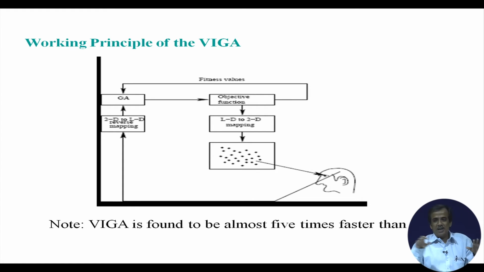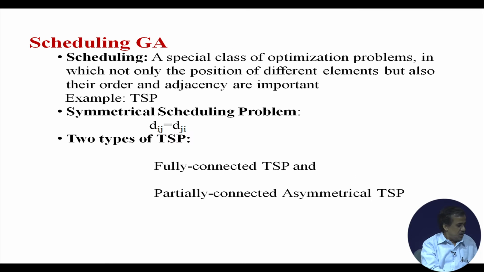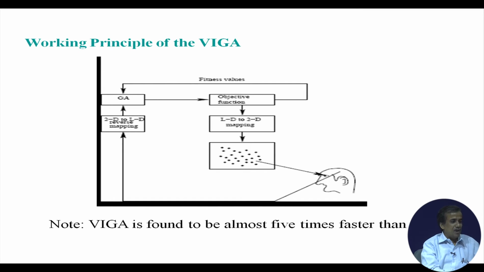Now, this particular thing was implemented on OpenGL. On the computer screen, one rectangular box will come, and there you can see all such data points. If you just click here with the help of the mouse, you will be getting the fitness information, the value of the objective function. For example, if I click here, I will get the value of the objective function.